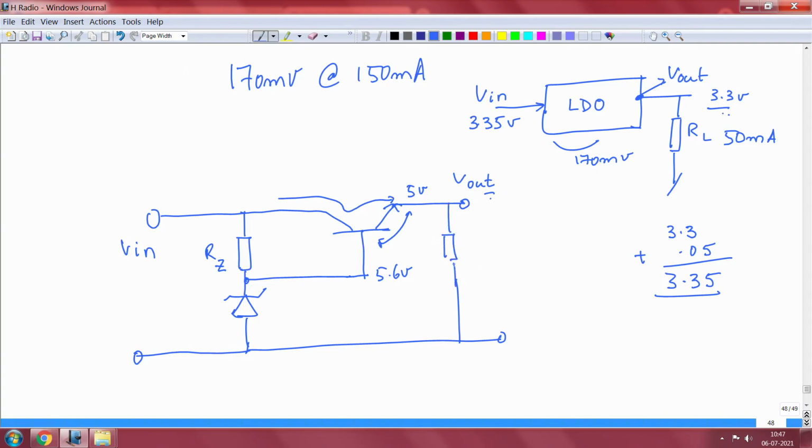The load currents that are drawn can be different, particularly if you are sleeping, current drawn is extremely small, it can be micro nano amperes. But if you are sensing and you are transmitting simultaneously, it can be tens of milliamperes. RL value equivalent can be varying, and all that current supply comes nicely through this series pass element.